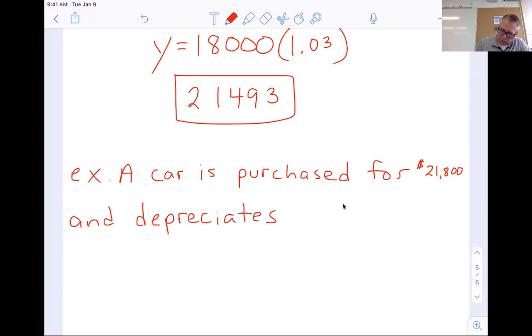So this one car was $21,800 and depreciates at 9% per year. Unfortunately, it's probably kind of average.